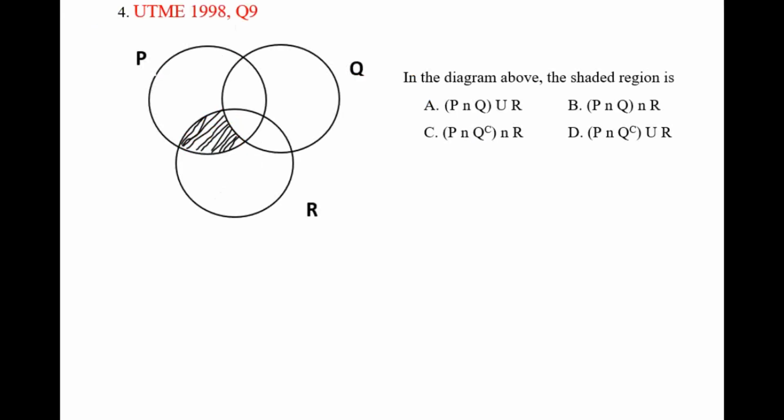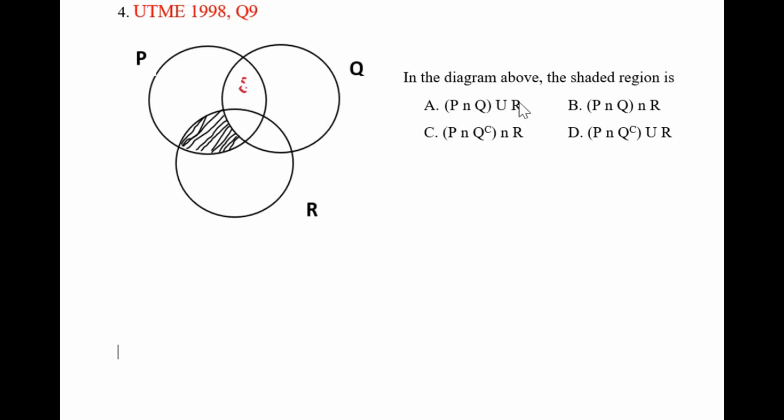Our last question says that in the diagram above, the shaded region is this shaded region here. Okay, let's analyze the options. Option A, I have P intersection Q, and P intersection Q would have been here.